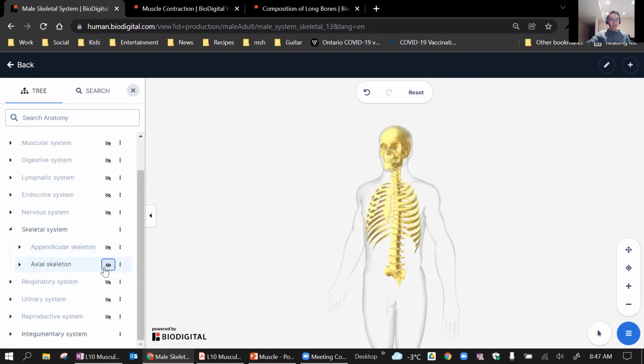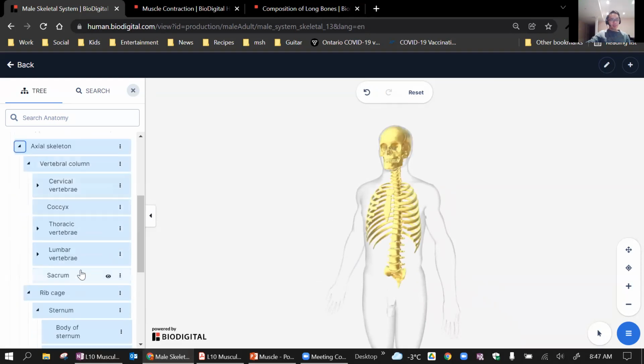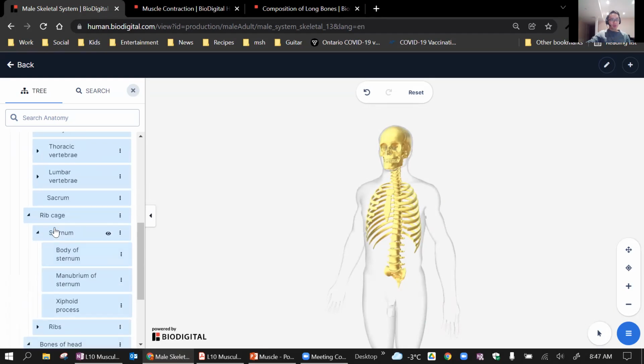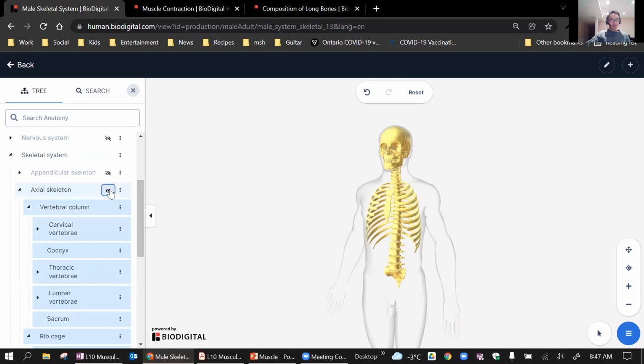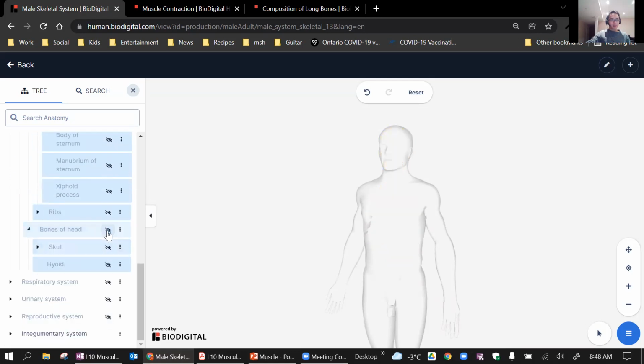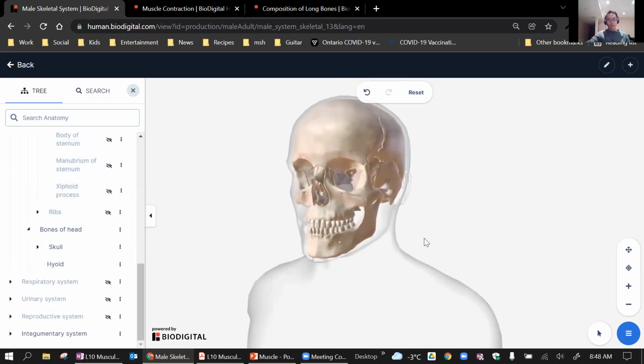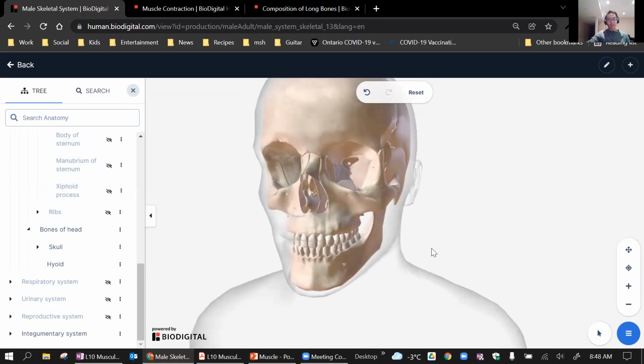Sorry, they keep on changing the interface, so it's hard for me to keep up. The skull is right here. Bones of the head, I got it. Let me turn off everything, and then bones of the head right here. Oh, there we go. There's our head. Okay, so that's the eye socket.